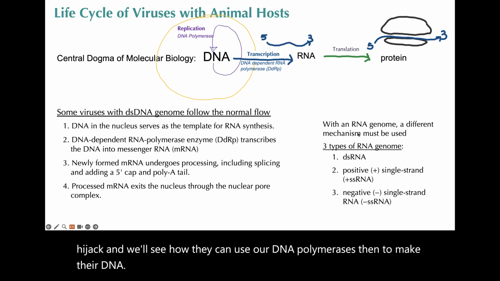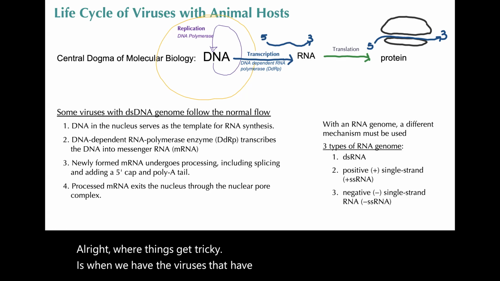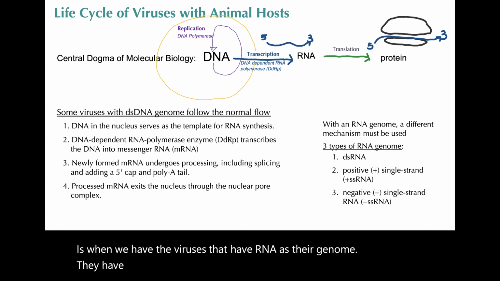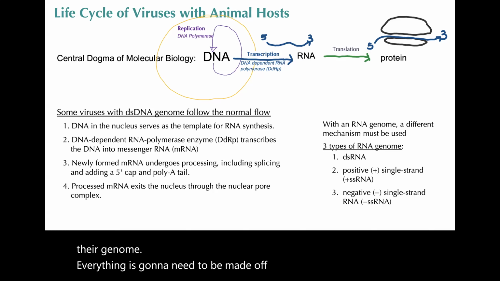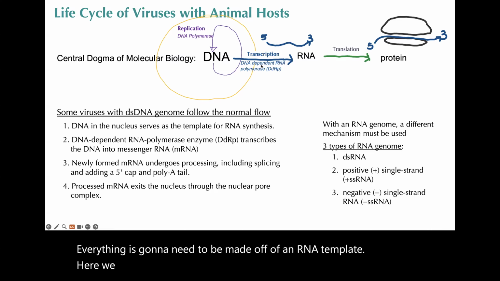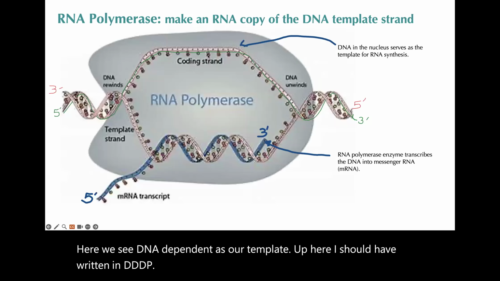Where things get tricky is when we have the viruses that have RNA as their genome. They have to use a different mechanism, because if RNA is their genome, everything is going to need to be made off of an RNA template. Here we see DNA dependent as our template. Up here, I should have written in DDDP. DNA would be our template.